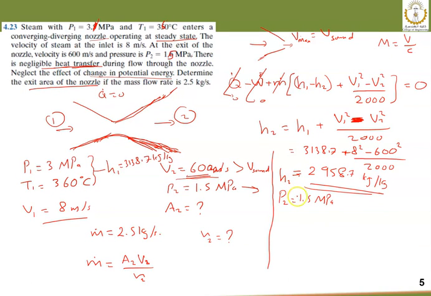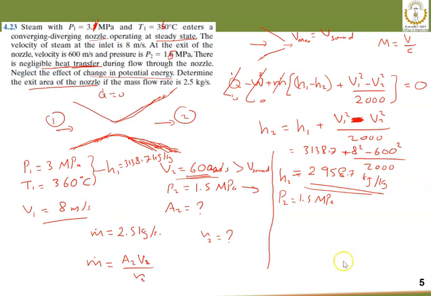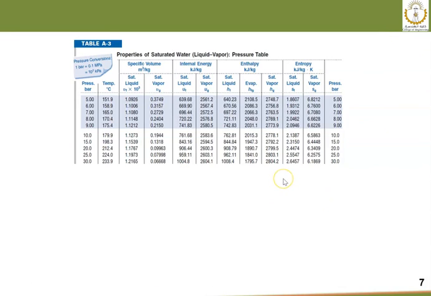With 1.5 megapascal, we can go to the table again. Let's go to the saturated table, looking for these two values, 1.5 megapascal and the pressure.